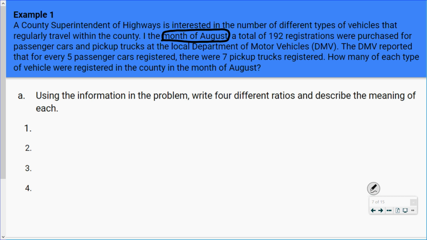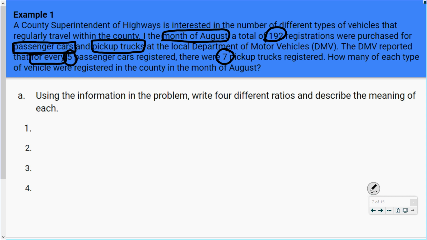And then they're saying a total of 192 registrations purchased for passenger cars and pickup trucks. The DMV reported that for every, that's your ratio, 5 passenger cars, there were 7 pickup trucks registered.